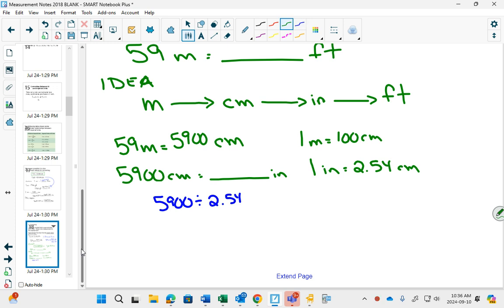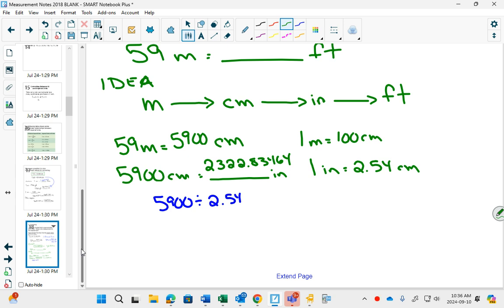If I take my calculator, 5,900 divided by 2.54, I get 2322.83464. Oh my goodness.